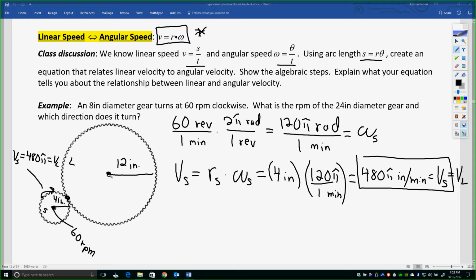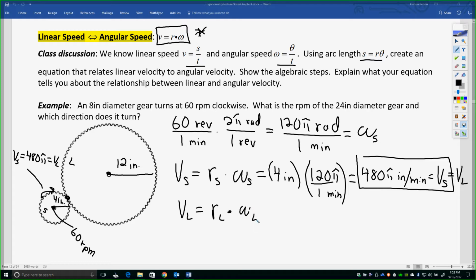Now we want to know how much it's spinning in the center. That's the angular velocity, right? So take the same formula again. The velocity of the larger gear is the radius of the larger gear times the angular velocity of the larger one.